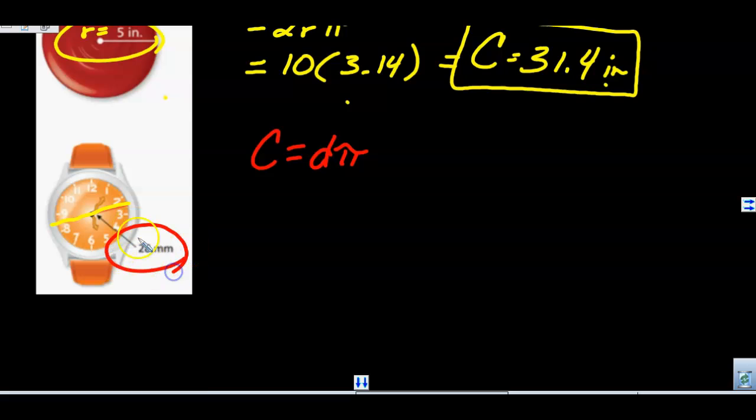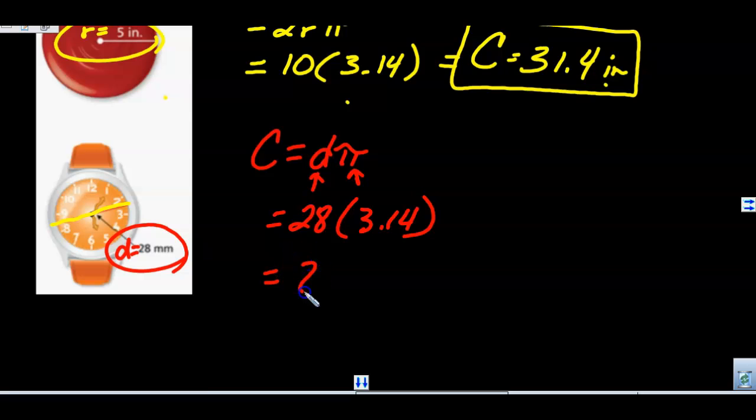Substituting in, we have the diameter is equal to 28. So everywhere we see a diameter, or d, we're going to substitute 28. Pi is going to be substituted by 3.14, and we simply multiply. Once we multiply these two together, we get a circumference equal to 87.92 millimeters.